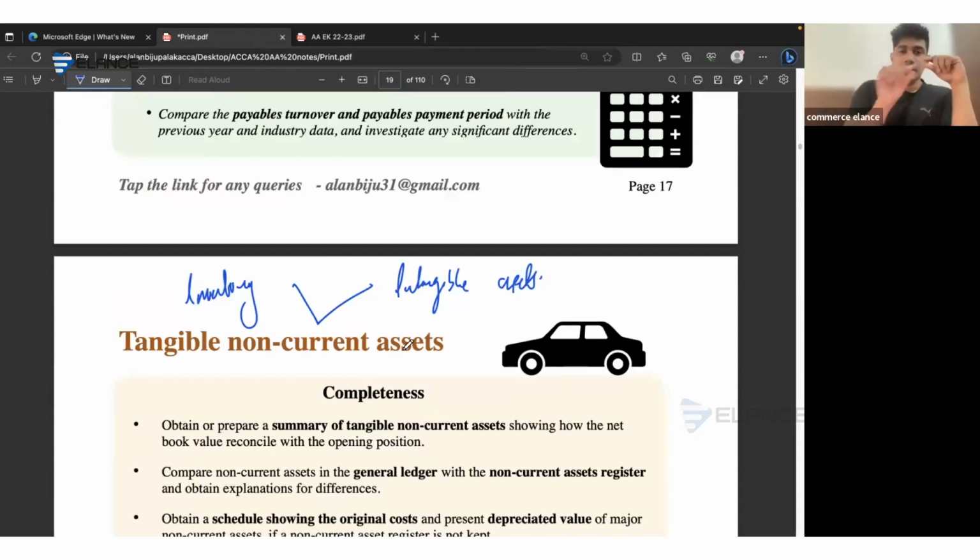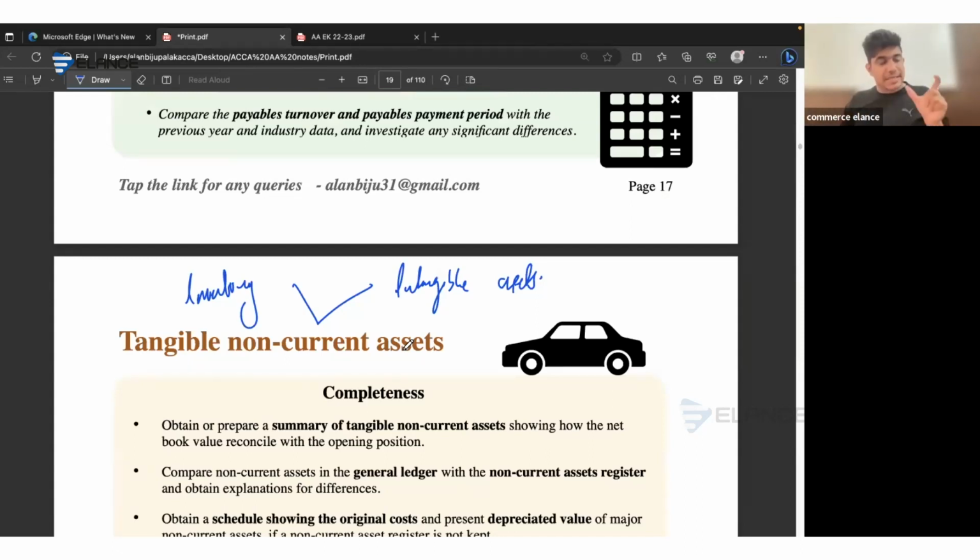At the same time, it may be mentioned in the scenario that the auditor needs to perform procedures to obtain sufficient appropriate evidence in relation to the addition of assets. So you have got a requirement to write the procedures in relation to addition of assets.